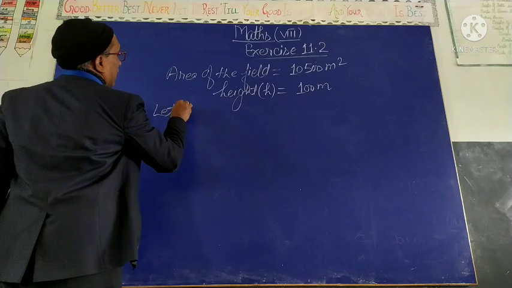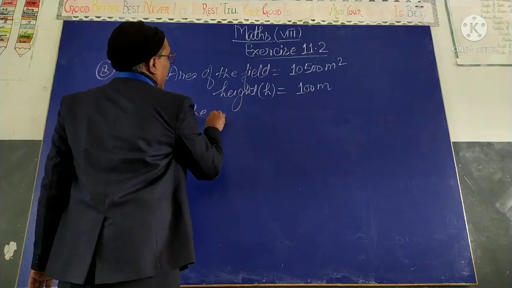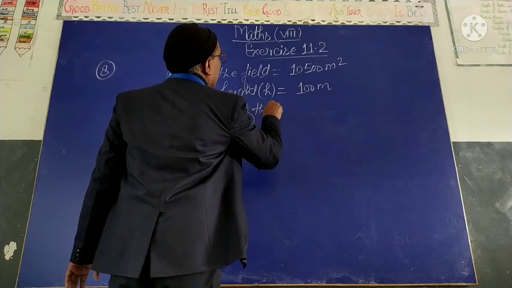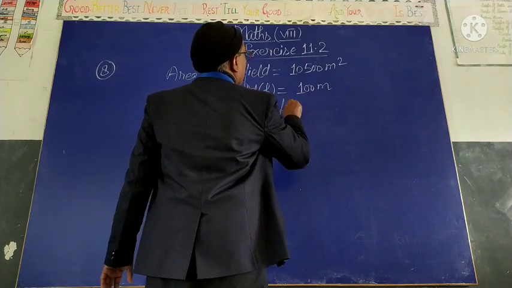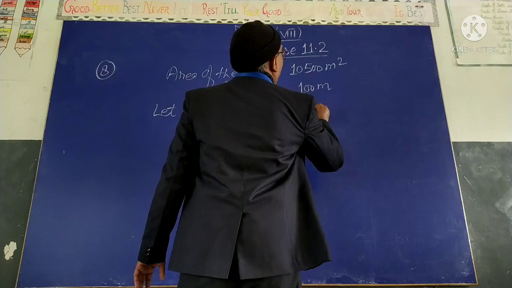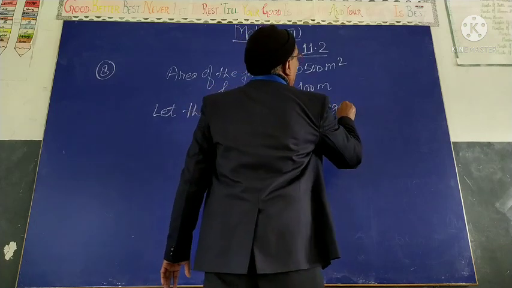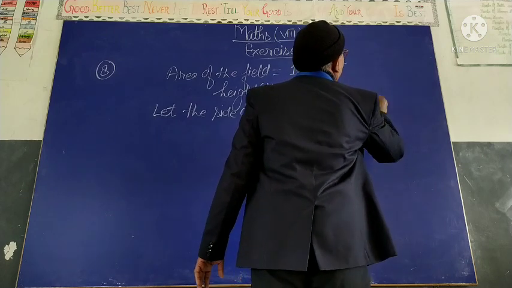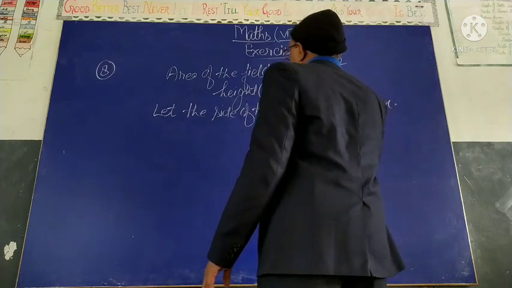Let, you write down, let the side of the field along road be x.